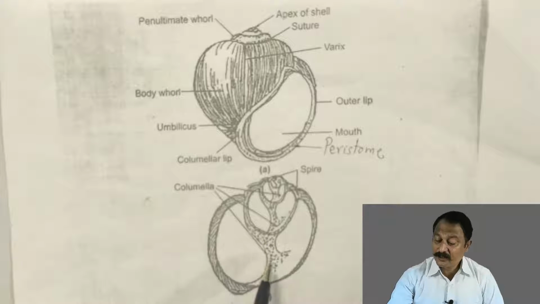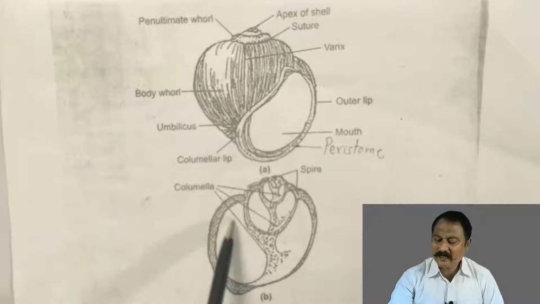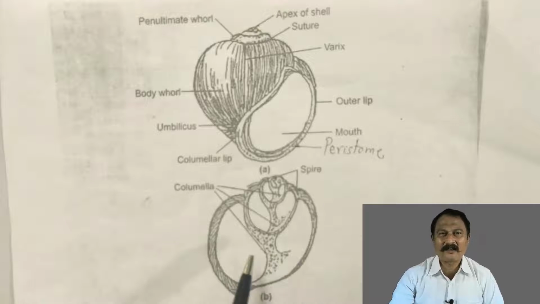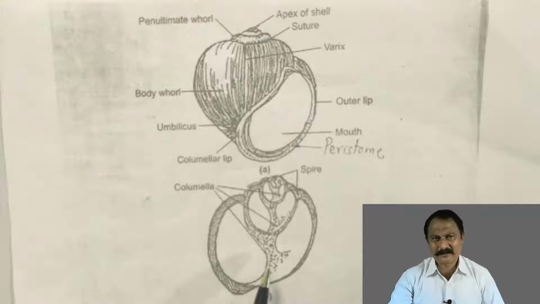This columella supports the whole shell structure. This columella is closely coiled in a spiral manner. This columella is also called the central axis.